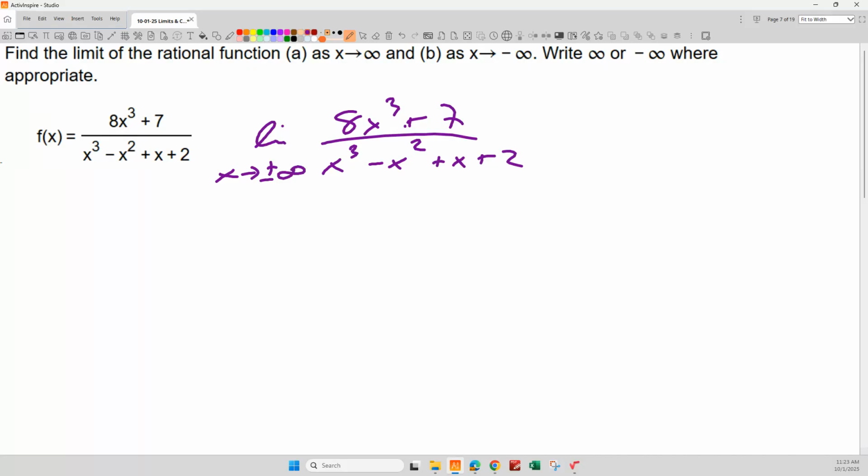Okay, Brandy, this is one where your strategy works too, right? Because we know that the limit of a polynomial as we approach the infinities is always the same as the limit of its leading term. So if we wanted to, we could also just write this as the limit of the ratio of the leading terms, 8x cubed over x cubed. And then the x cubes cancel and we just get 8. Either way, it works.